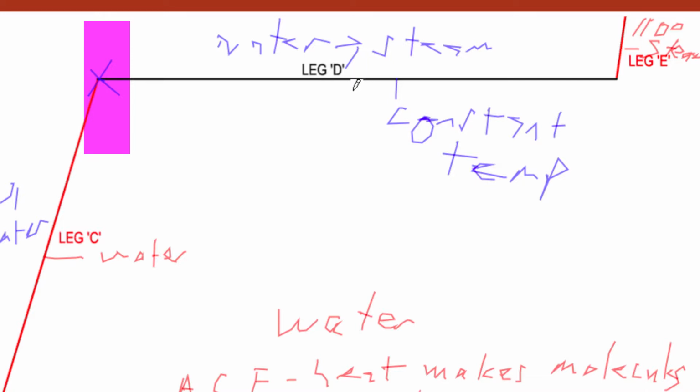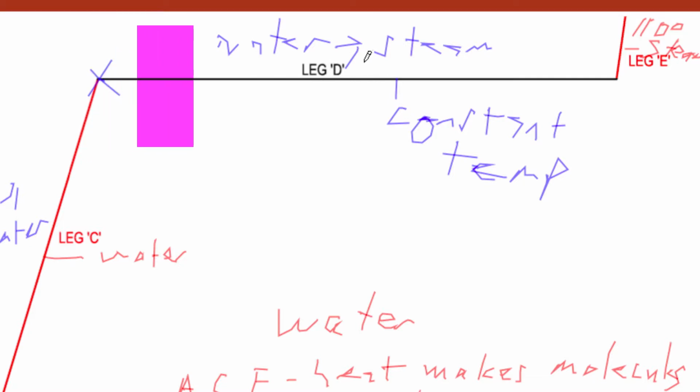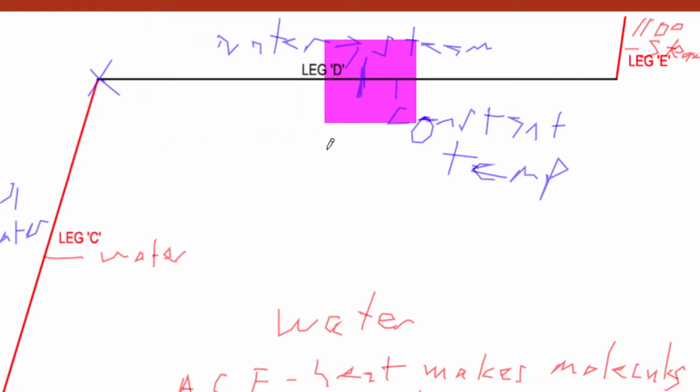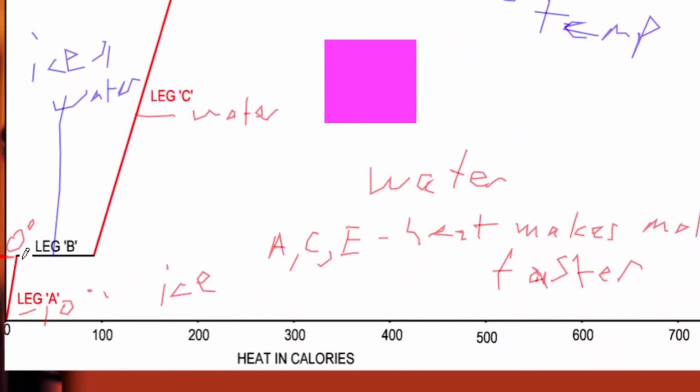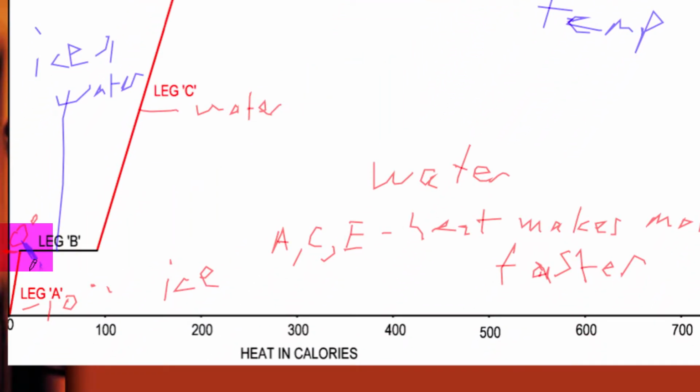Where is the phase transition half water, half steam? When is half of it boiled away? And that would be right here, halfway along that line, okay? Where is it pretty much all ice and just a little bit of water? That would be really close to this end, because at that point, very little of the ice is actually melted, okay?